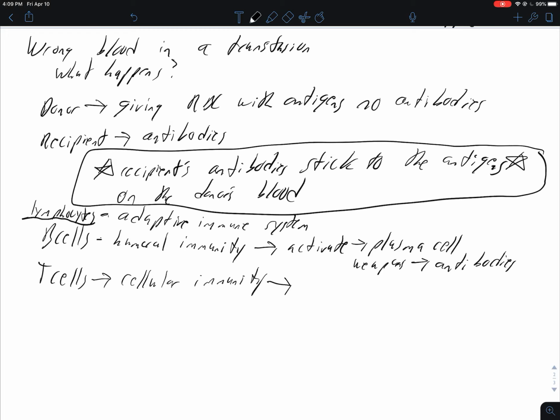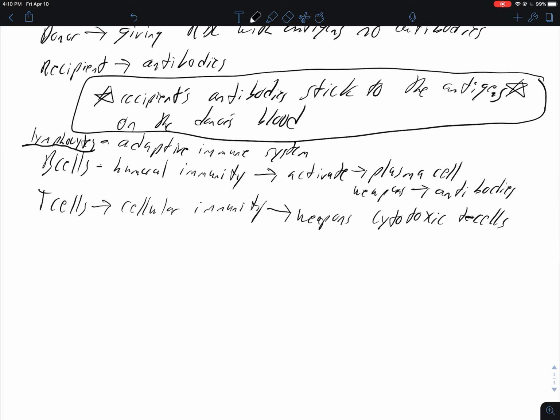The weapon form of those, the ones that actually do the killing, are the cytotoxic T cells. Okay? And so that's a key thing to understand, that breakdown and that hierarchy. Some of you missed some of those in that big hybrid question at the end.